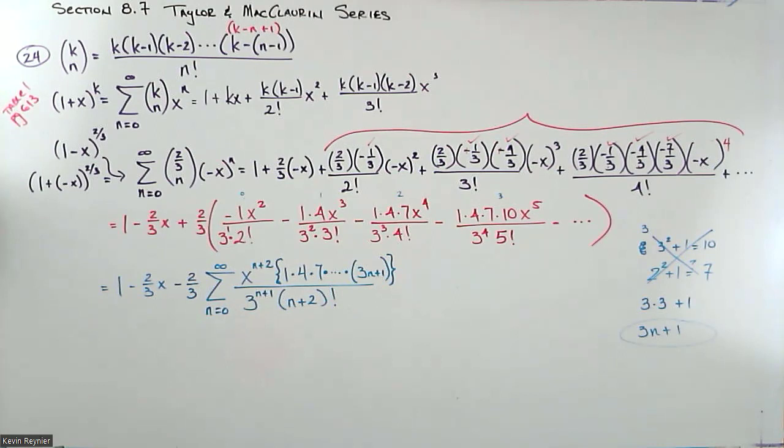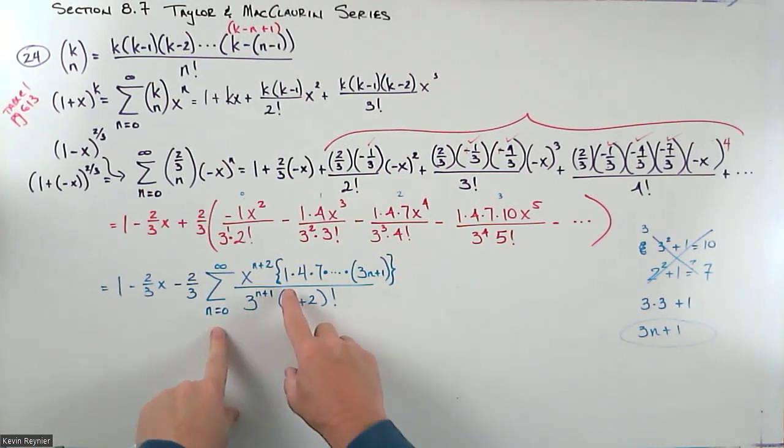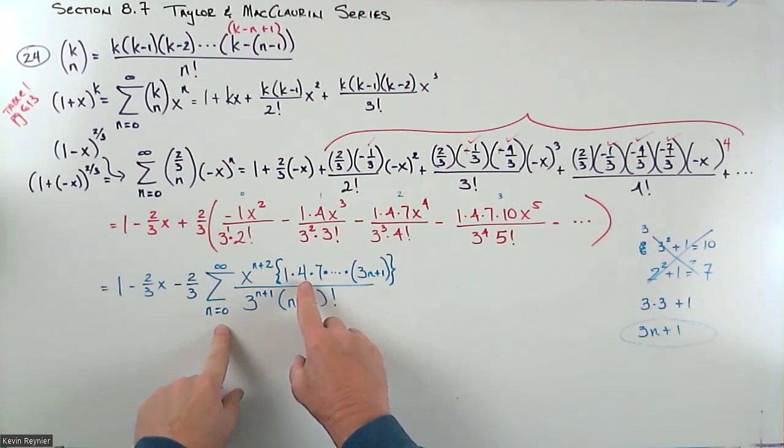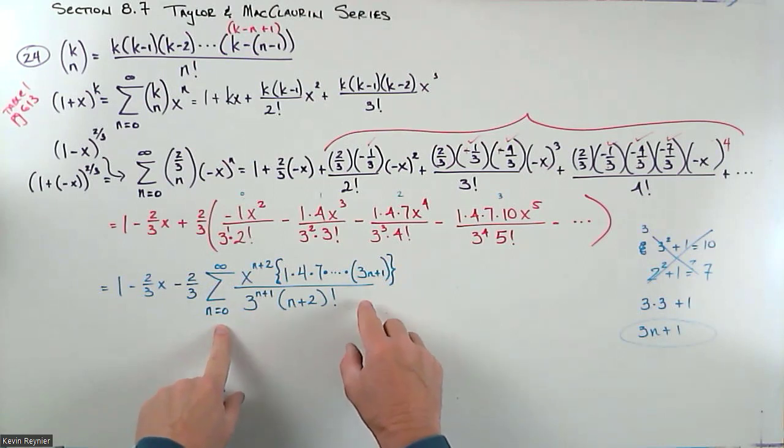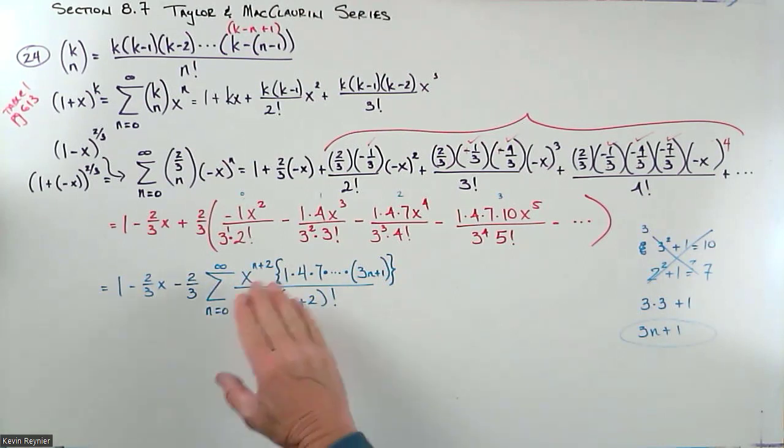The convention is when n is 0, you get that one. When n is 1, you get that one plus that one. When n is 2, you get that one and that one and that one. And this just tells you what you're going to get after I stopped listing them.